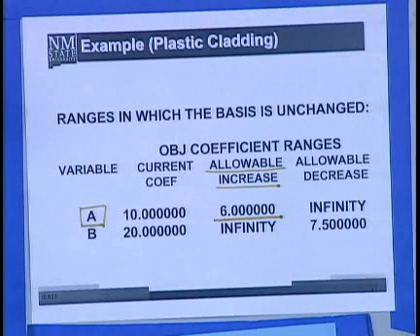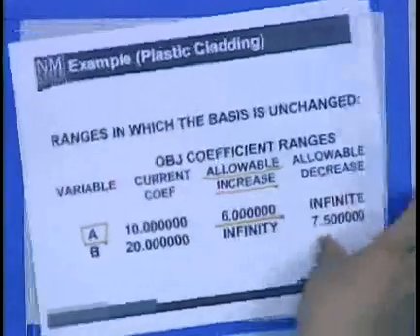Which means the basis will not change at all. So if the profit of Encaler were $15 per yard, the company should still produce 3,000 yards of Encaler and 5,600 yards of Bakelite, which is the current optimal solution value.